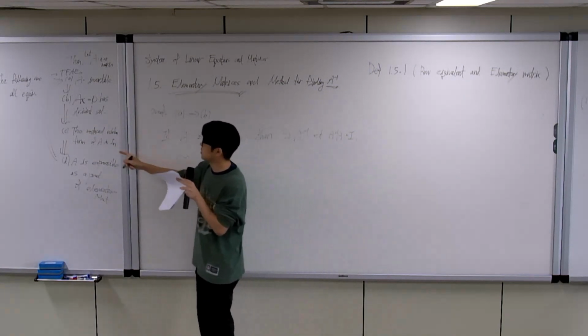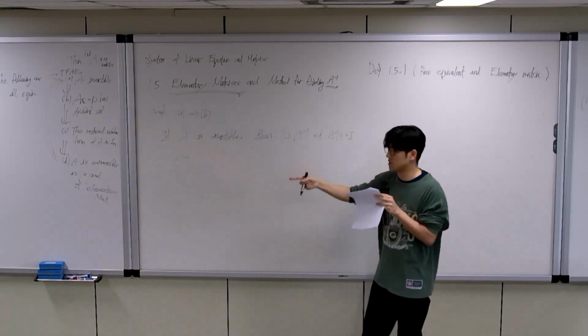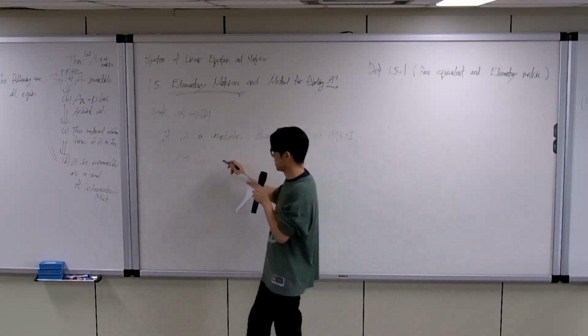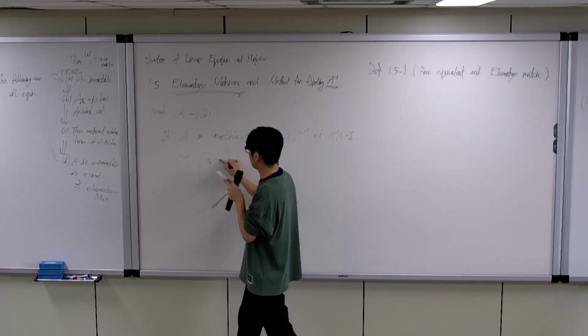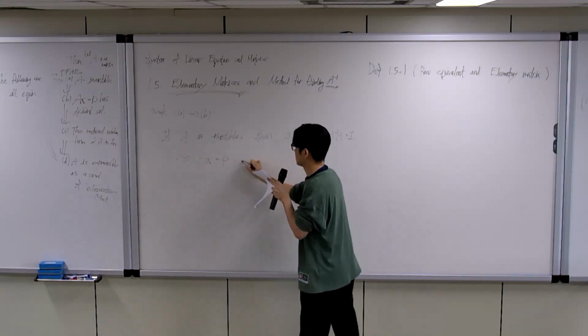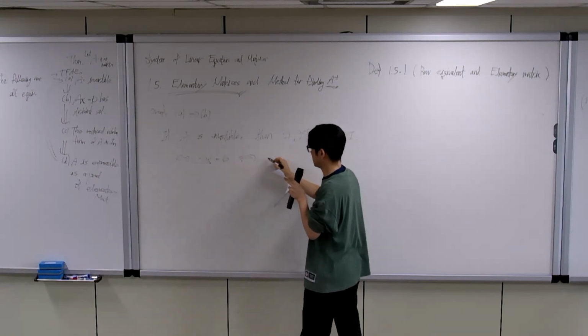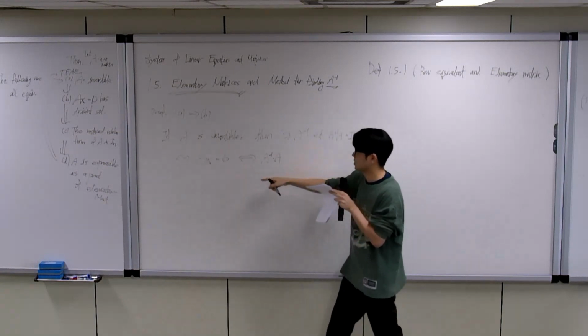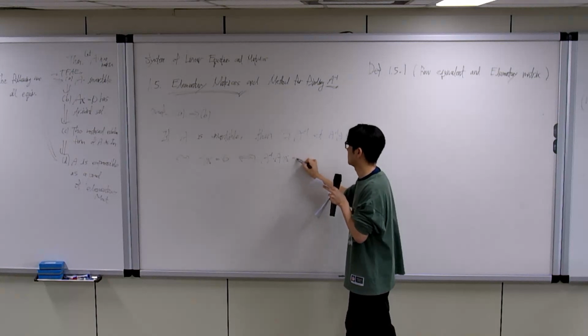So we want to get the solution of the homogeneous linear system AX equals 0, by multiplying A inverse to each side.